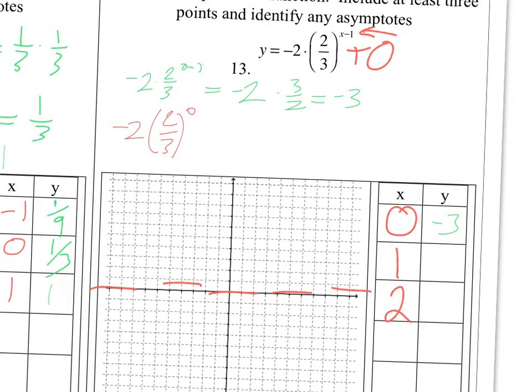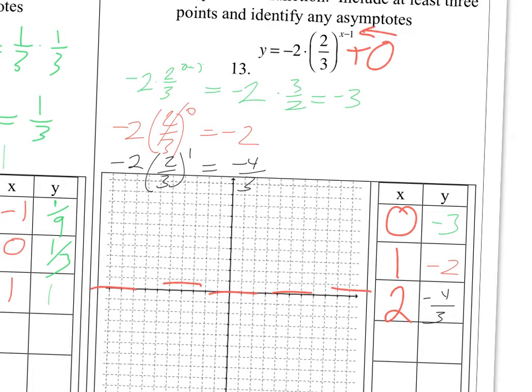Negative 2 times, well, that's just 1. So negative 2. Cool. And then finally, we're going to have negative 2 times 2/3 to the 1. And that's going to be negative 4/3.